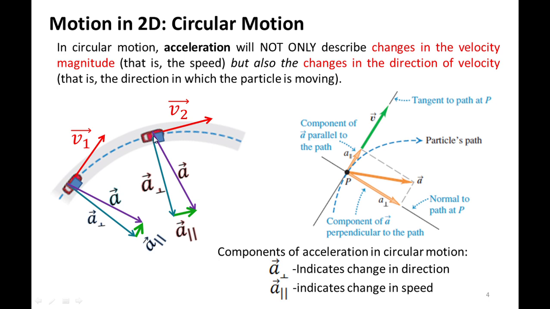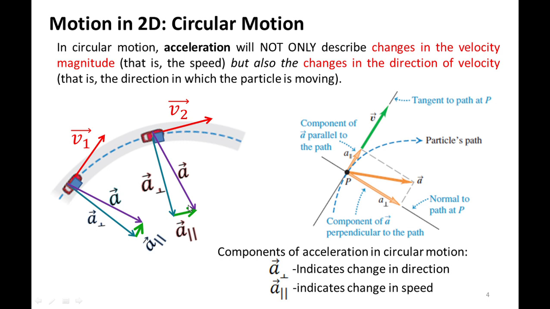And the reason for that is there is another type of acceleration taking place, or there's another type of acceleration that is present during this motion. So let's have a closer look at these types of acceleration. The total acceleration here is shown in the purple arrow. As you can see here, this is the total acceleration.